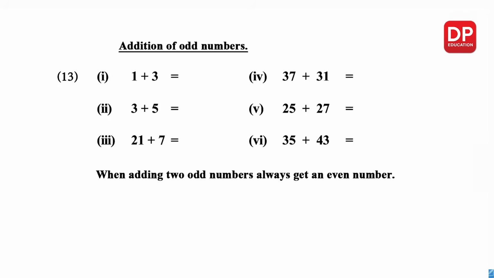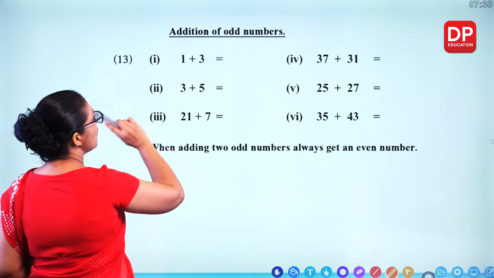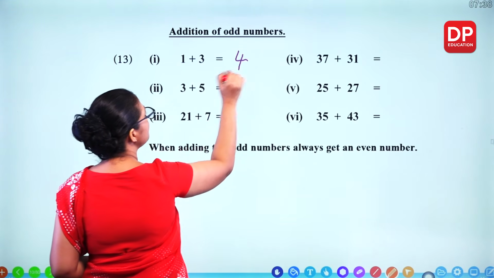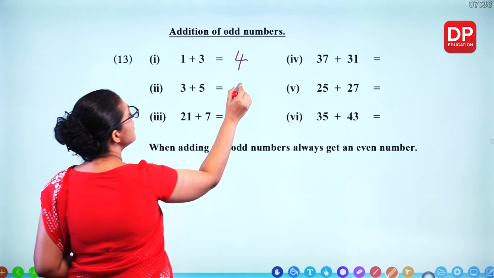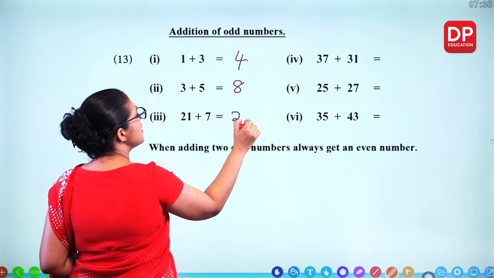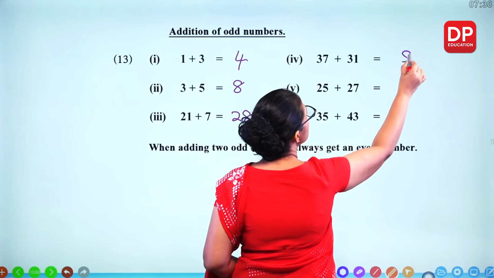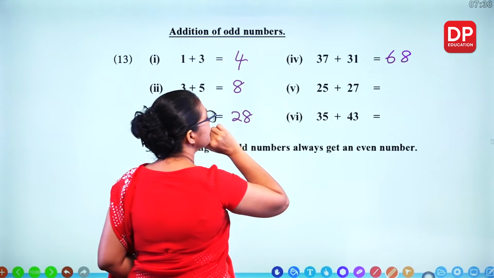Addition of odd numbers. Look at these odd numbers, 1 and 3. 1 plus 3, you get 4. 3 plus 5, 8. When you add 21 and 7, you get 28. 37 and 31, you get 68.